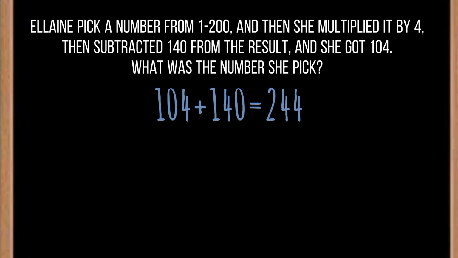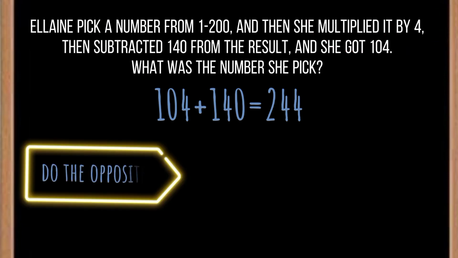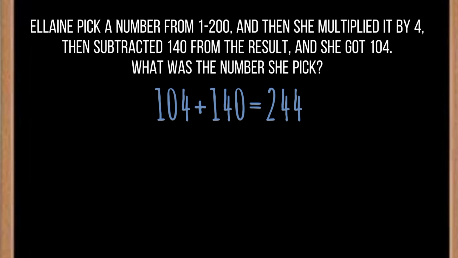Now, it's stated in the problem that before we subtracted 140, we multiplied by 4. But because we are doing the backwards method, we need to do the opposite. And the opposite of multiplication is division. So we need to divide 244 by 4. So the answer is 61.